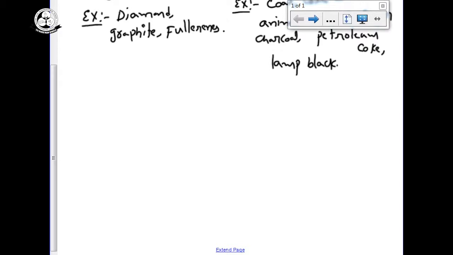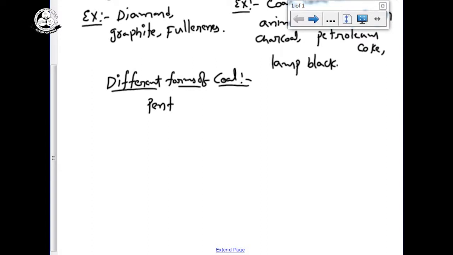Now see the different forms of coal and the carbon percentage in each. The first one is peat, containing 60% of carbon.